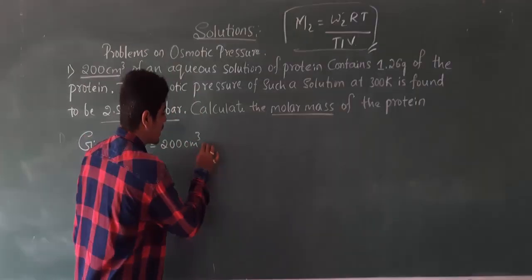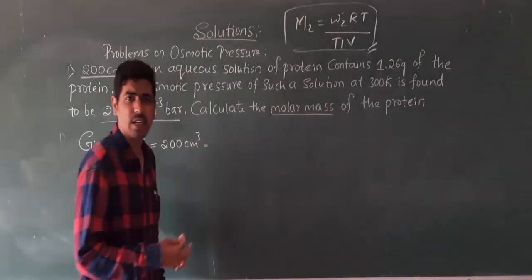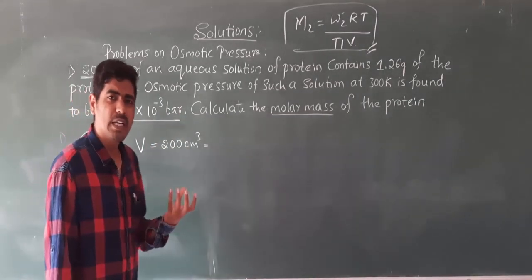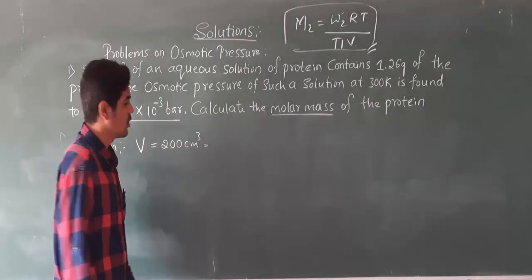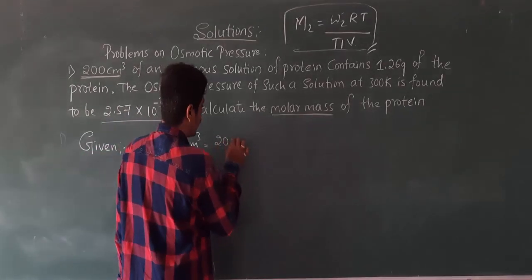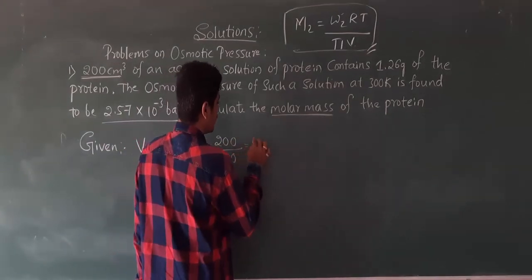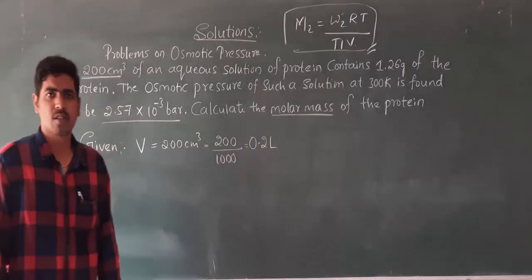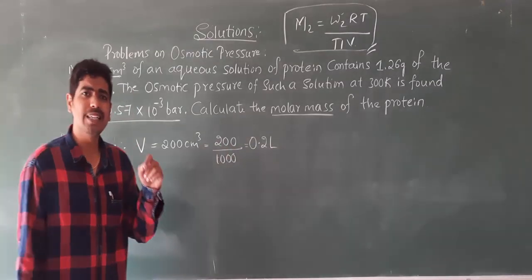So 200 cm cube is equal to how much? How will you convert ml into liters? Simply divide the volume by 1000. So 200 divided by 1000, you will get 0.2 liters. So this is the volume in terms of liters.